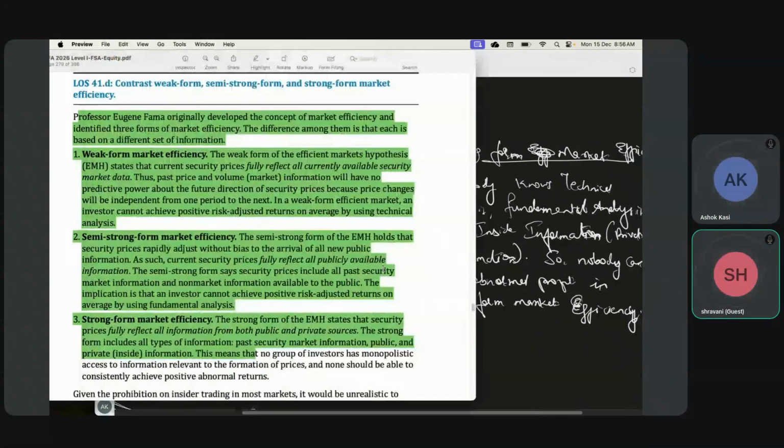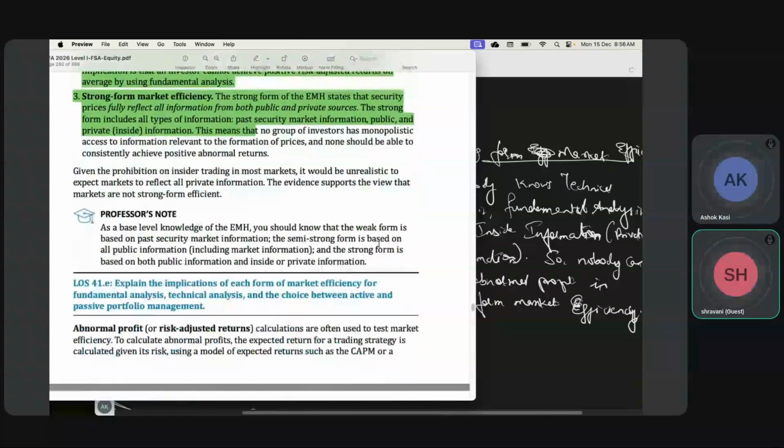Yes, sir. The rest is based on the question only; they will twist the words, and then accordingly you have to figure out the answer.